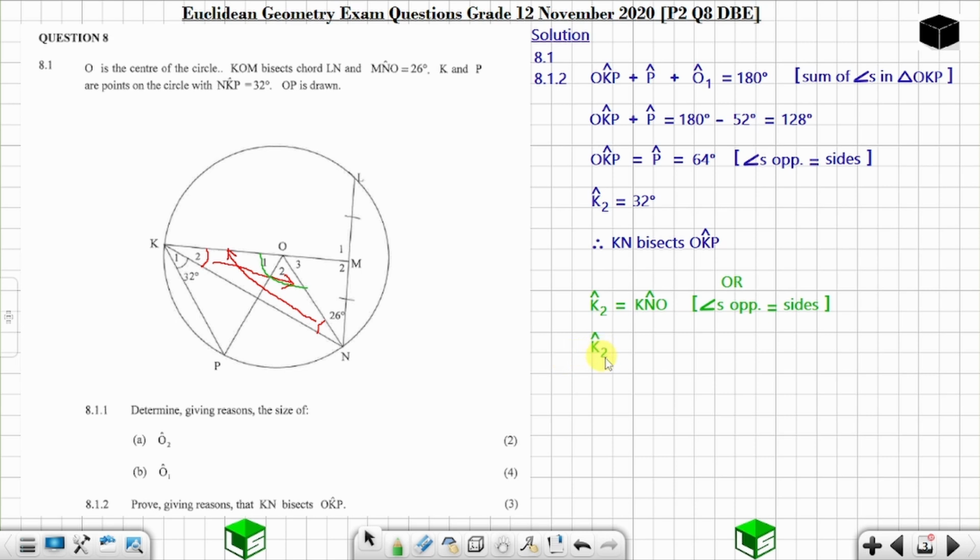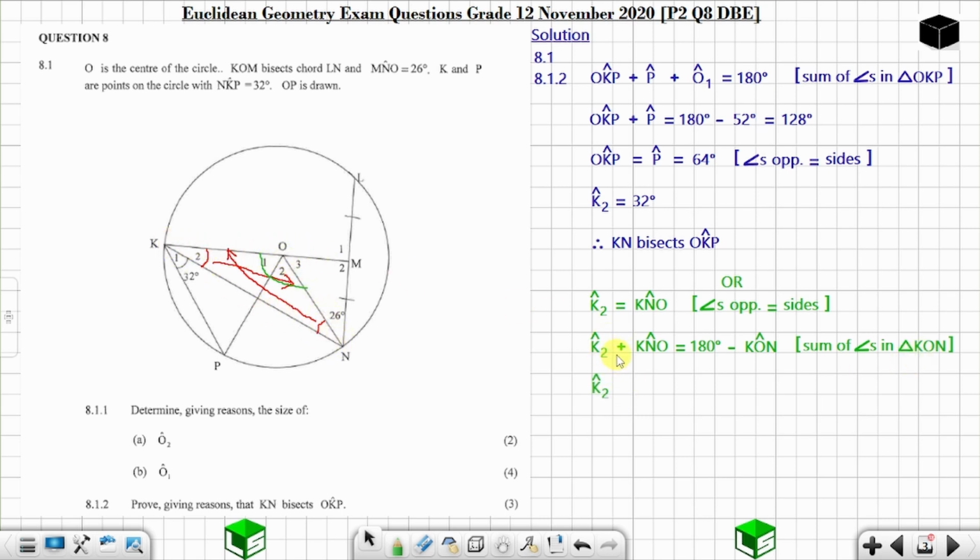So angle K2 plus angle KNO is equal to 180 minus this angle, which is the angle KON. The reason you are going to say is sum of angles in a triangle KON.